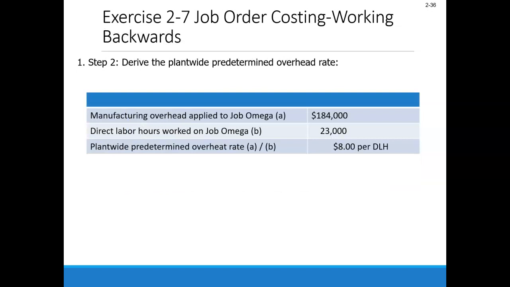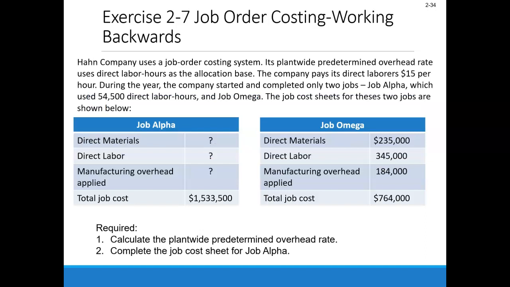Okay, so there's two jobs, guys. The job Omega, the job Alpha. The first thing we have to do is figure out for job Omega, it tells us the manufacturing overhead of 184,000. Just for job Alpha.